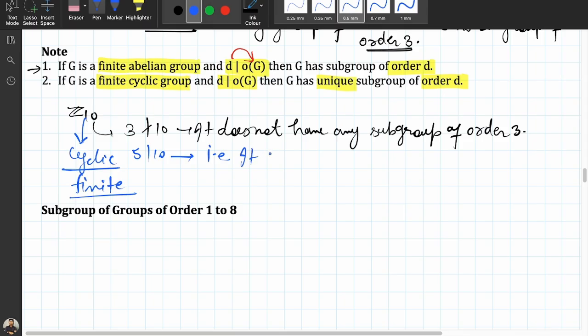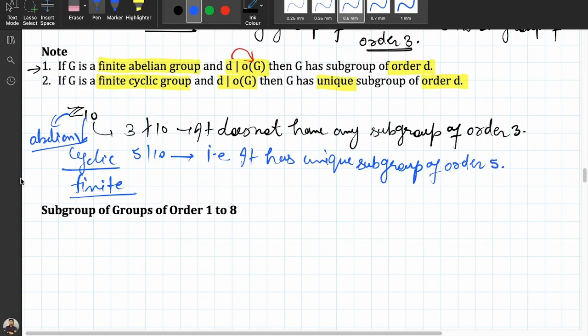Yes, it is abelian also, but in addition it is also a cyclic group. So it has a unique subgroup of order 5. Okay, so this is a very important result.